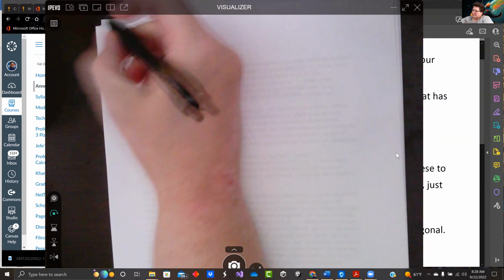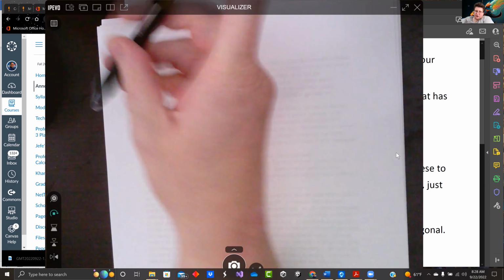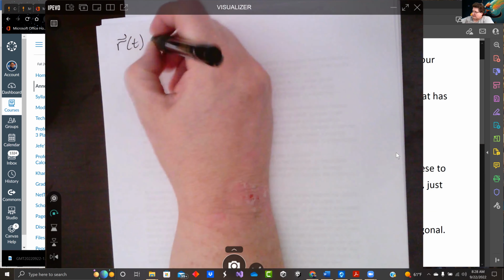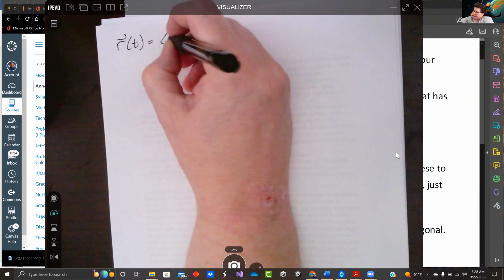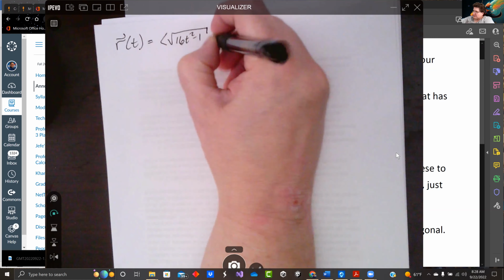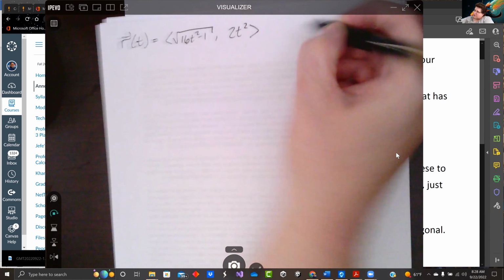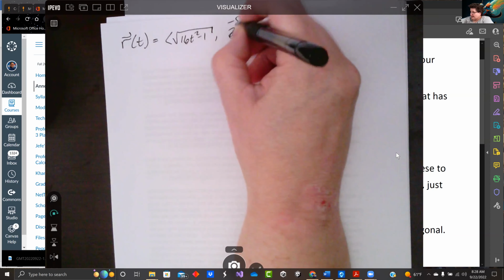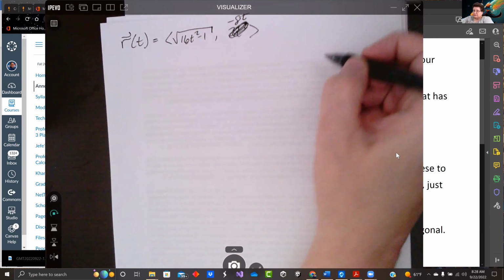All right, number 3. So we had r of t equals, ignoring the i hat and j hat, just writing it in good old vector notation. That was r of t. Nope, that's negative 8t. There we go.